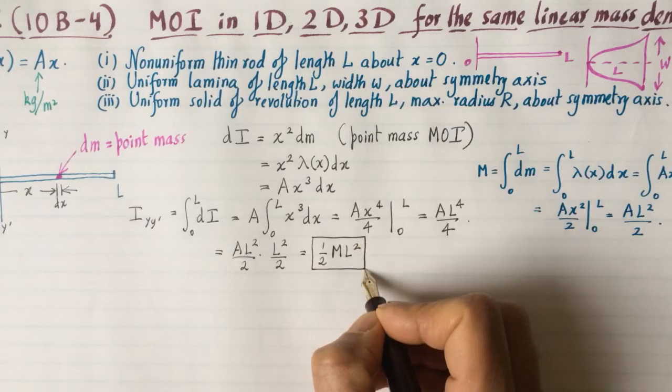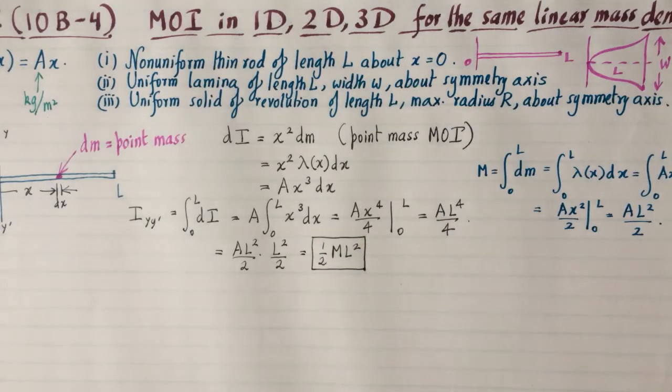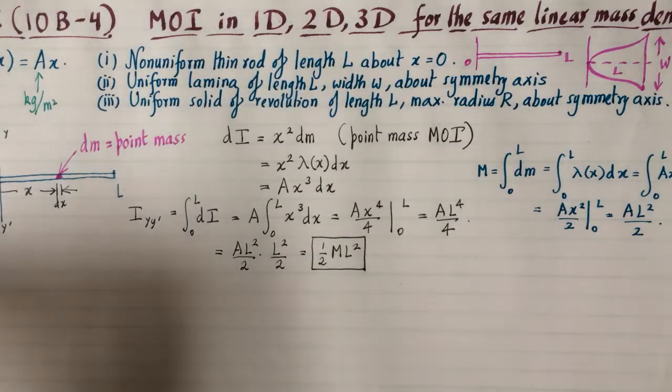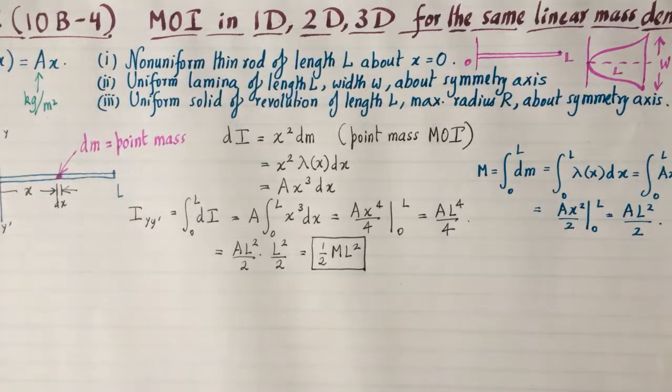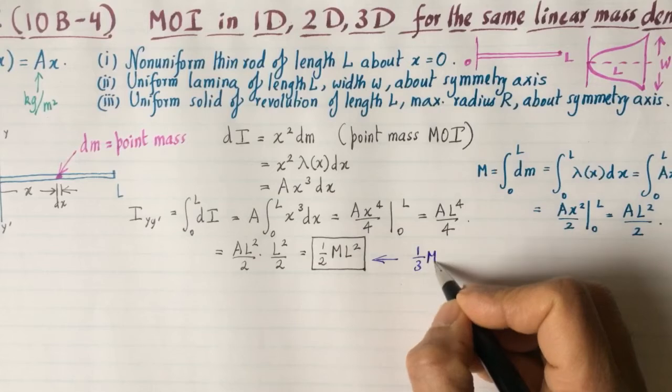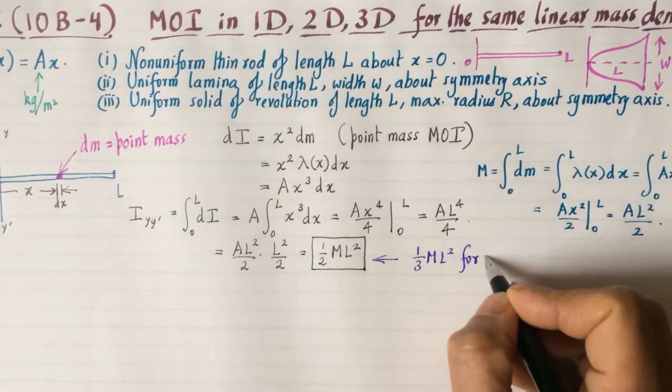When you get a result like this for a non-uniform rod, always make sure that it passes the common sense test. The standard result for the moment of inertia of a rod about one end is 1/3 m L squared for a uniform rod.